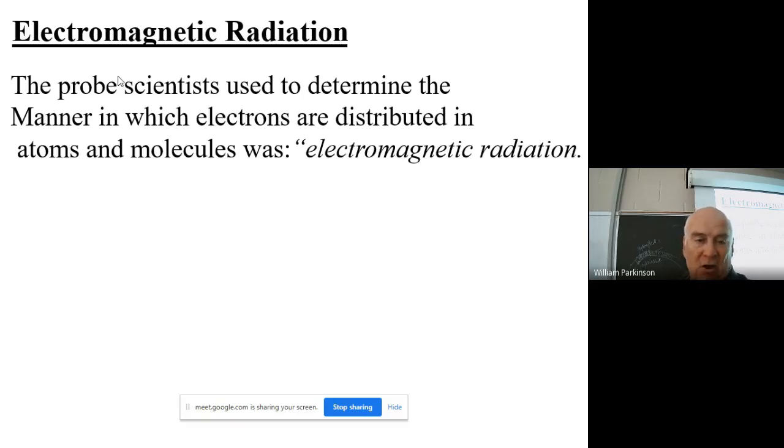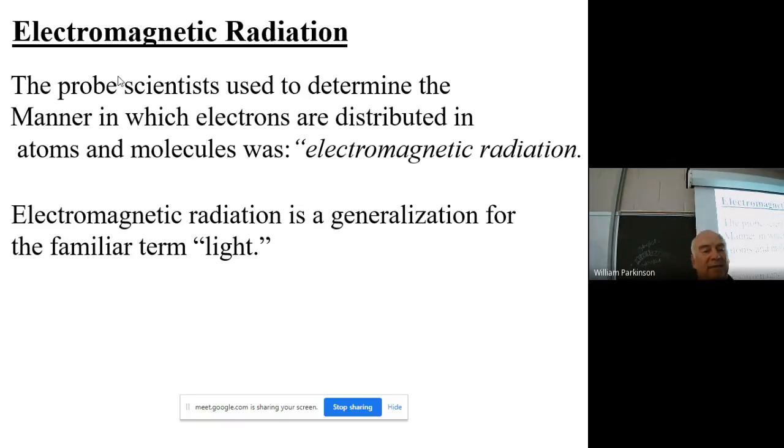Okay, so what is electromagnetic radiation? That's what we call light. But it's just a broader, more general term for the many components of electromagnetic radiation that are all very familiar to us. Now, the reason we use the word light is that is what more correctly I would call visible electromagnetic radiation.